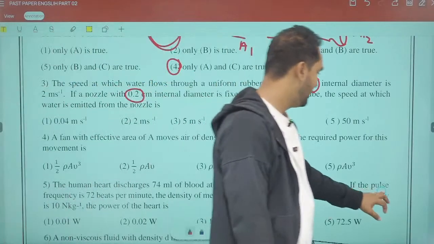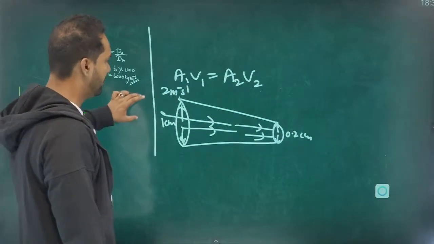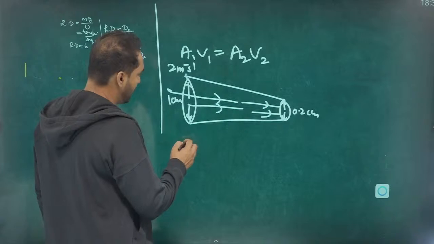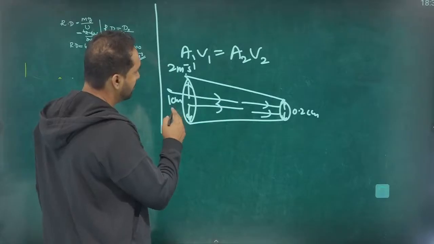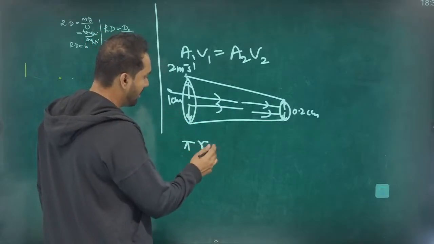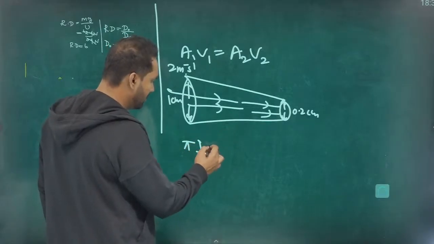So that should be A1 V1 equals A2 V2, so you have to apply it. Now the cross-sectional area is pi r squared. The radius should be half of the diameter, which is 1/2. So I'm going to put pi, r is 1 divided by 2.